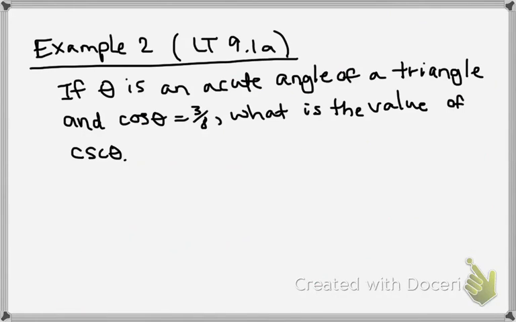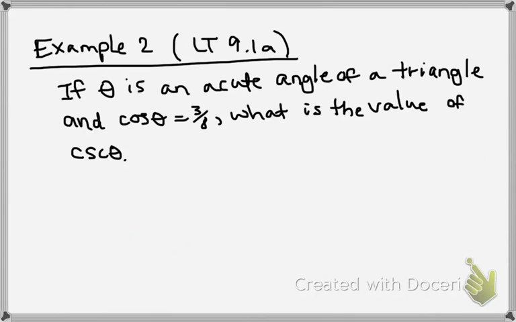So now let's look at another example of Learning Target 9.1a. And it says that if theta is an acute angle of a triangle and the cosine of theta is 3/8, what is the value of the cosecant?